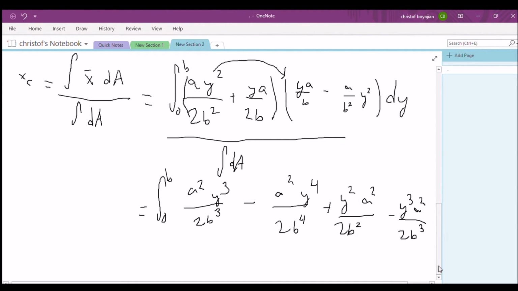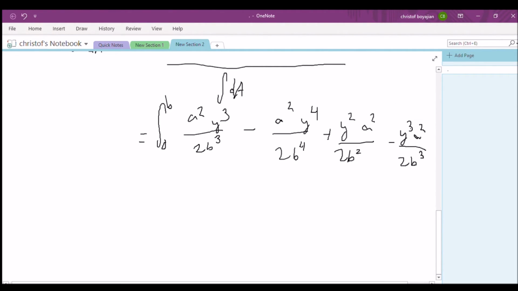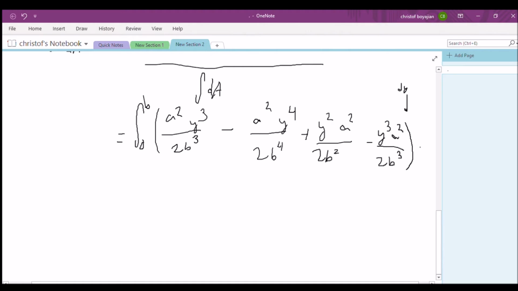Okay. Now all this is multiplied by dy, and I'm going to put this with an arrow because I don't have room. Actually, I can scroll. I forgot about that. Okay. Times dy.